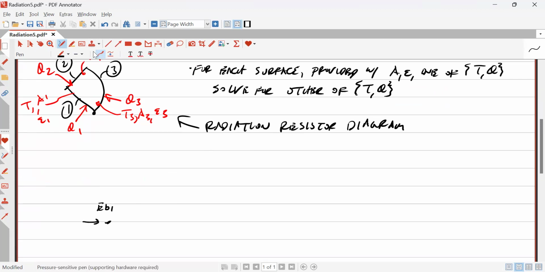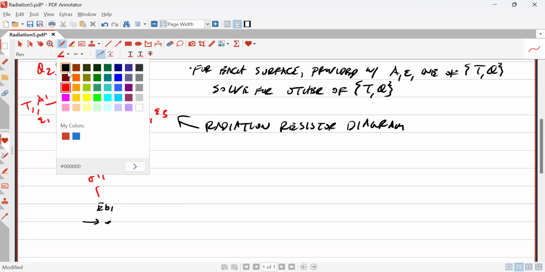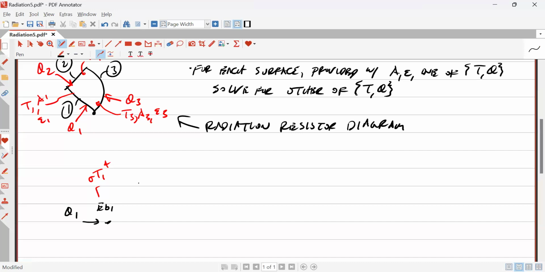In other words, EB1, which we know from the past lectures is equal to sigma T1 to the fourth. And into this node is Q1. The first resistance you see is the surface resistance for 1. And that leads you to the radiosity J1.